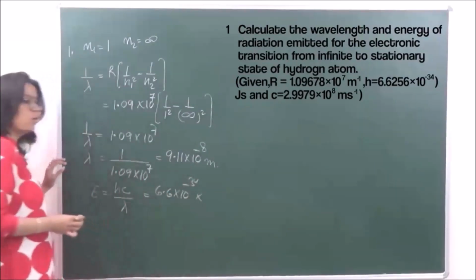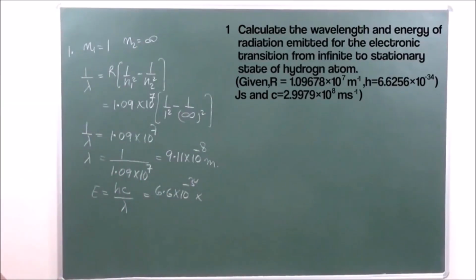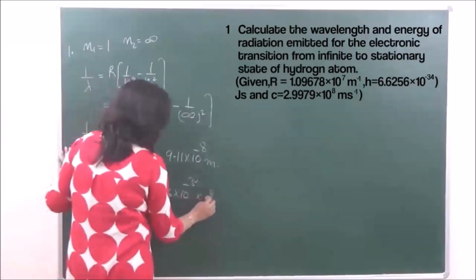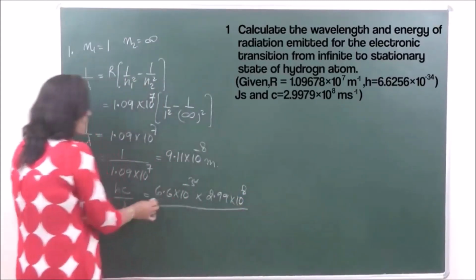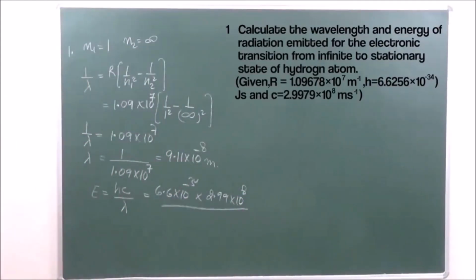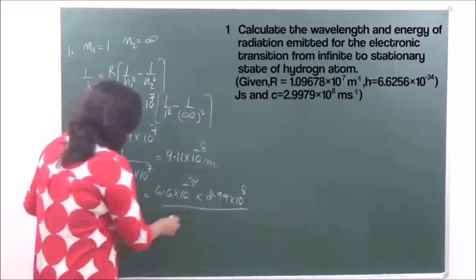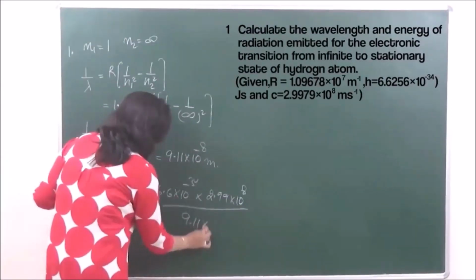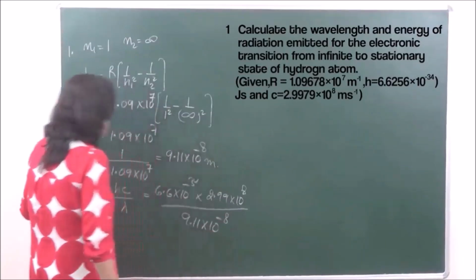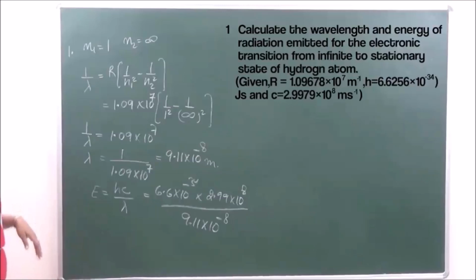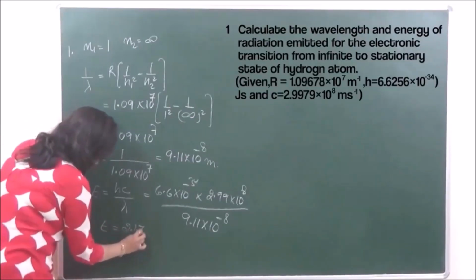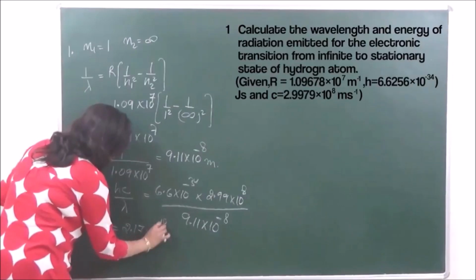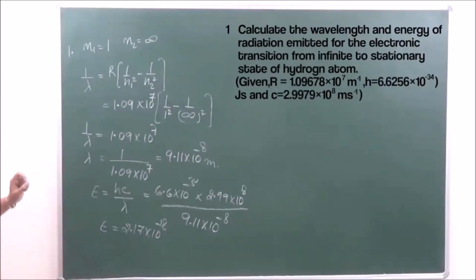Velocity of light is given as 2.99 into 10 raised to the power 8, upon the value of lambda. The value of lambda can be taken from here, it is coming as 9.11 into 10 raised to the power minus 8. So when we calculate this, E comes to 2.17 into 10 raised to the power minus 18 joules.